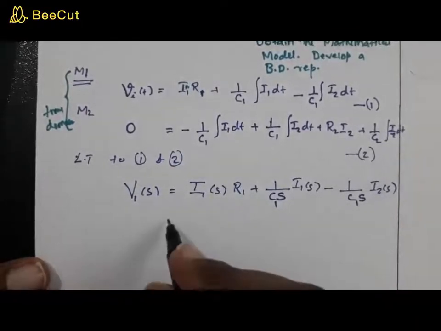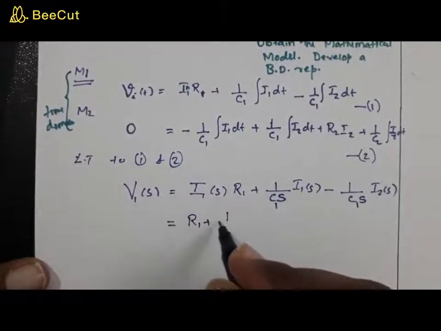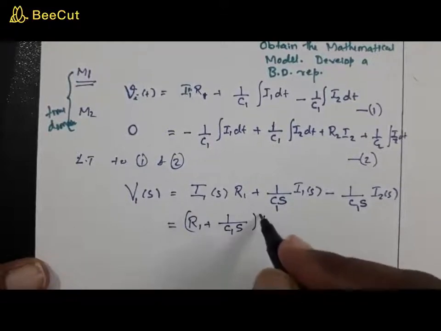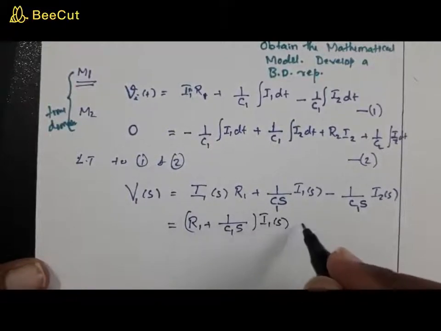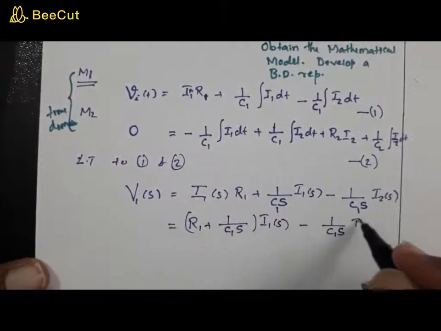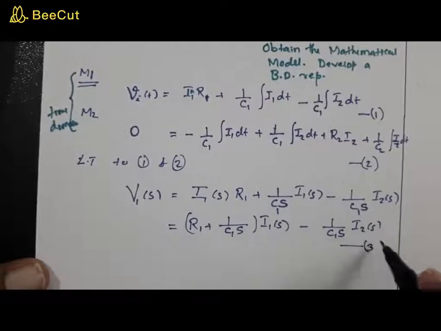So this can be written as R1 plus 1 by C1s into I1 of s minus 1 by C1s into I2 of s. So let us call this equation 3.